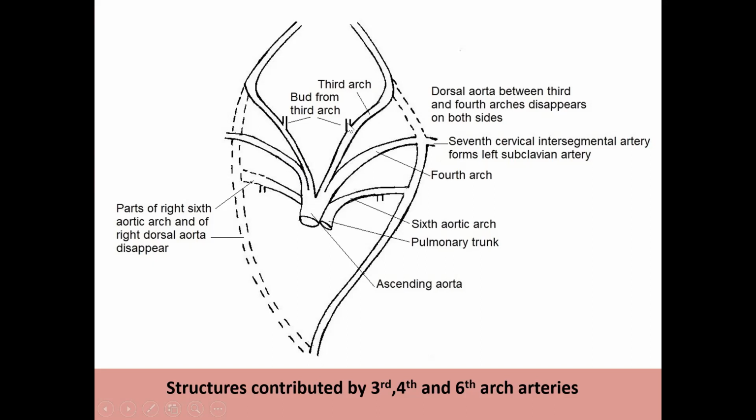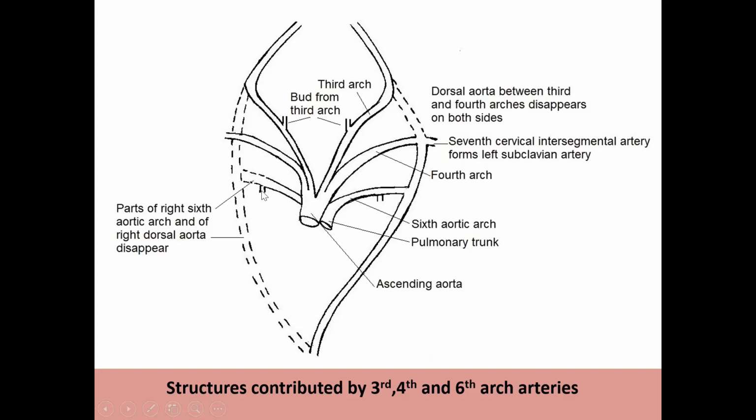This is the bud for the external carotid artery, and the portion of the aortic arch between the origin of the left common carotid artery and left subclavian artery is derived from the left fourth arch artery. Now if you see the sixth arch artery, on the right side it forms the right pulmonary artery.